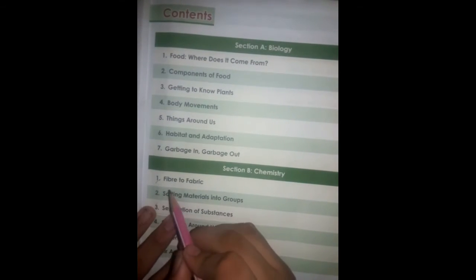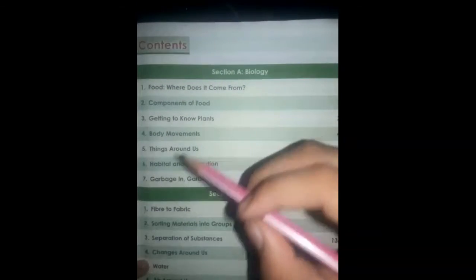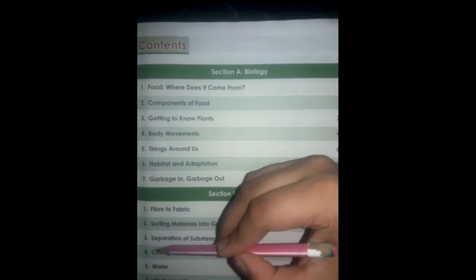These 3 chapters will come in every school, and we have to learn till this chapter. Let me just write it. Chapter 1 to chapter 3.